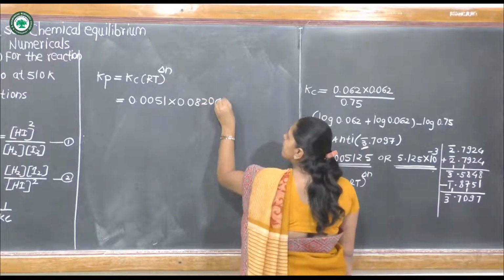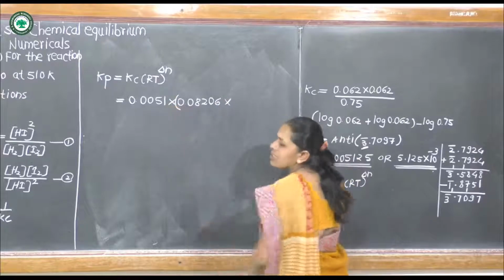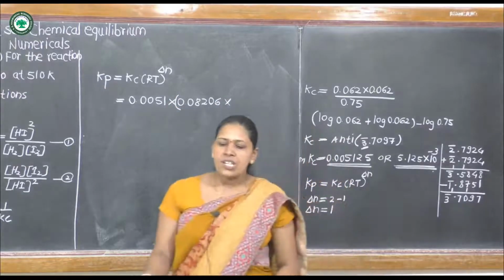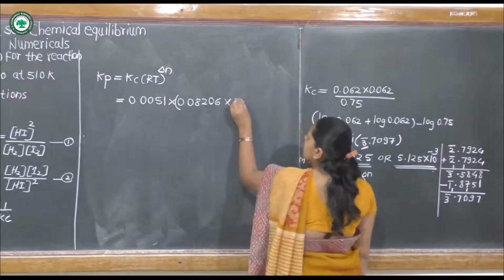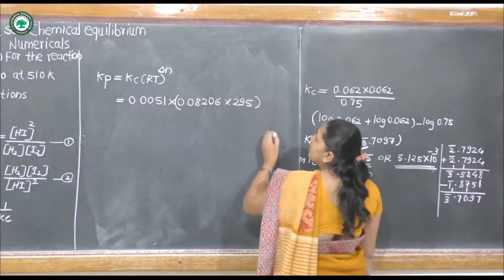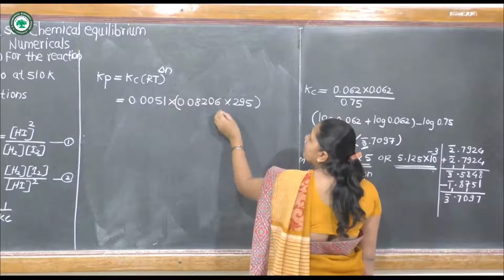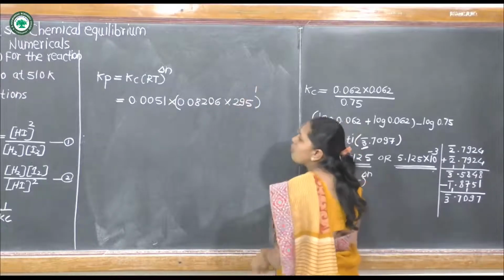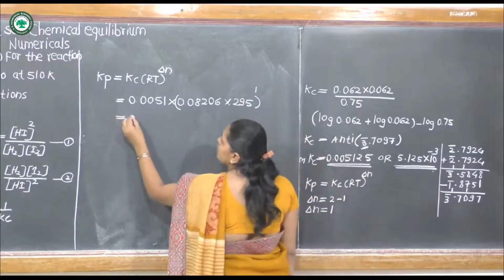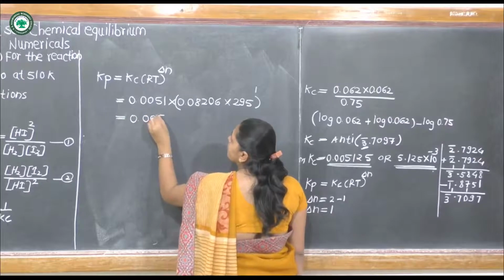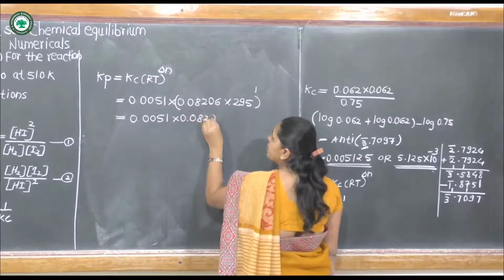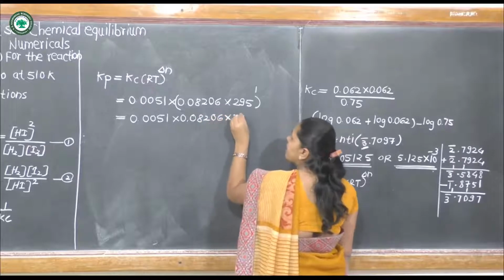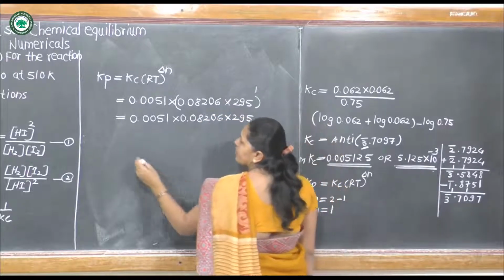It is given temperature. What is the temperature for this reaction is given 295 Kelvin raised to power delta n is equal to 1 is equal to 0.0051 multiplied by 0.08206 multiplied by 295.